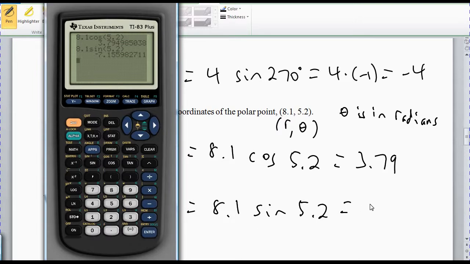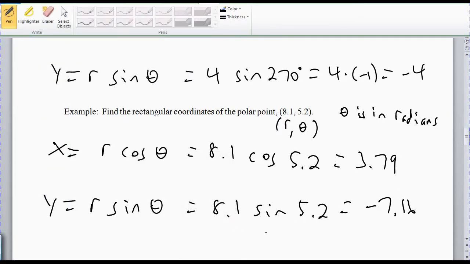We get negative 7.16, and that's our rectangular form. 3.79 comma negative 7.16. That's all we're doing.